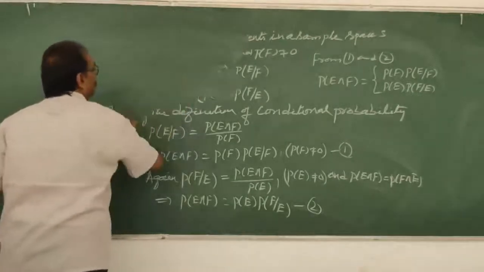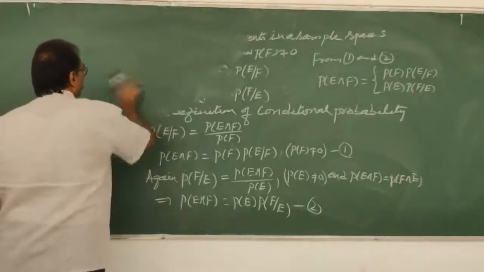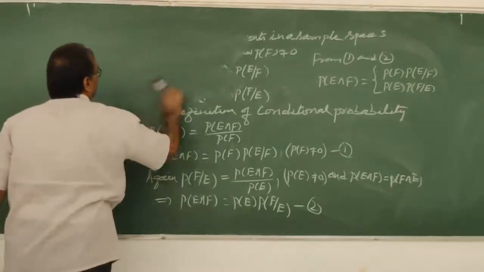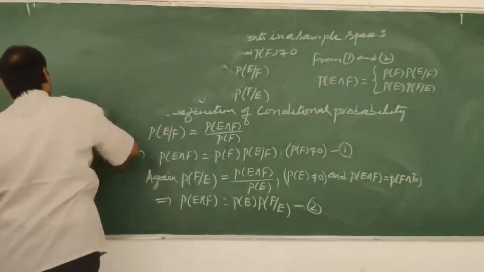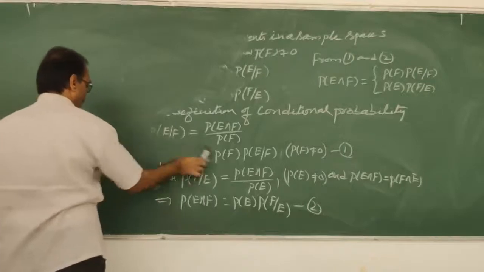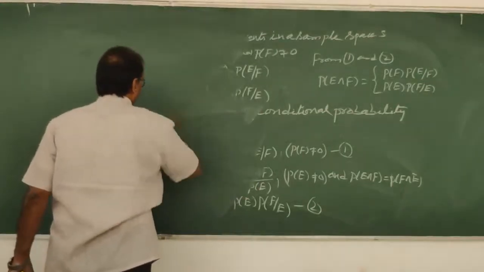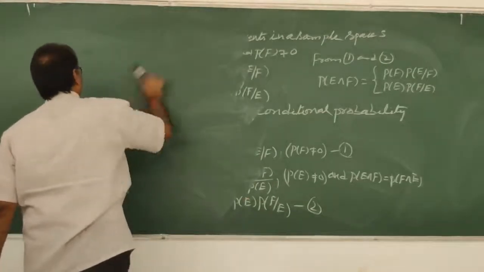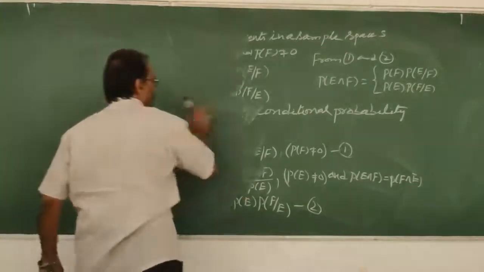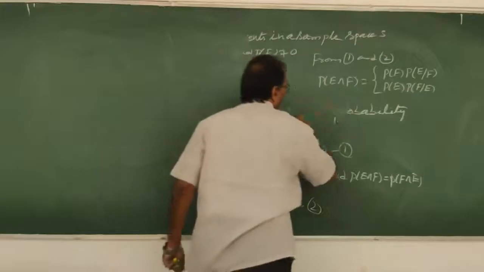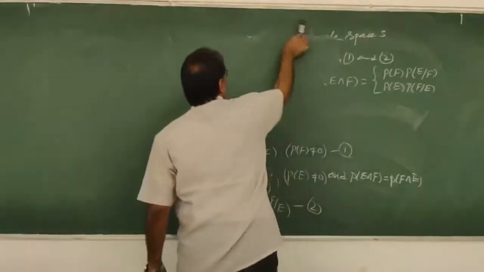So now you may get a doubt: sir, you said there are E, F, two events in a sample space. It means the multiplication theorem can only be applied for two events in a sample space, and with more than that we cannot apply it.